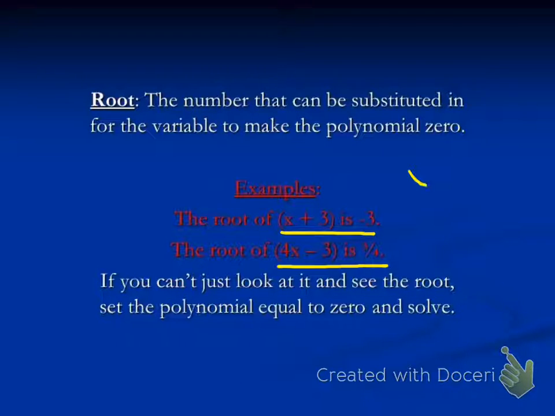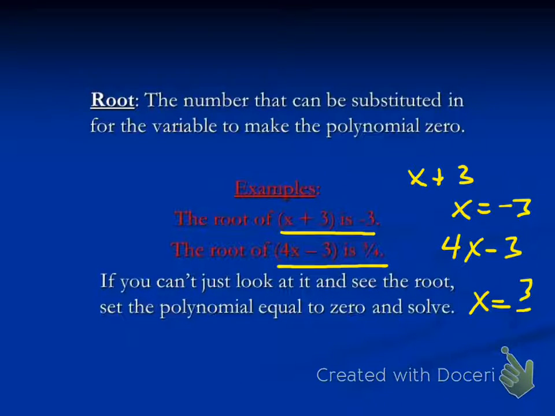Okay, the root of x plus 3 is -3. The root of 4x minus 3 is x equals 3/4. It's the 0. What does it equal to make the expression 0? So our divisor in synthetic division, we're always going to use the root of the divisor.